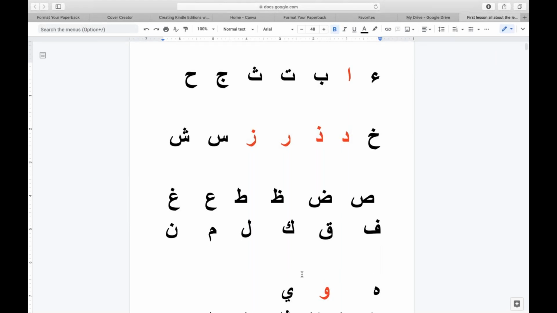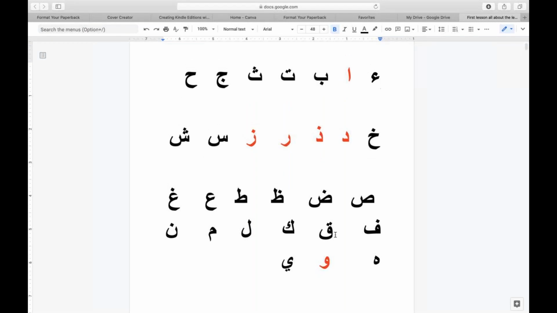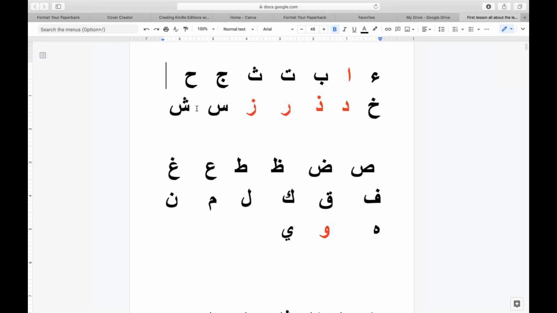Here, shabab, you will see a few letters I made red, and there is a reason. Let me just fix my screen a little bit. We have 28 letters in the Arabic language. Most of these letters, guys, have more than one shape, most of them have three different shapes.